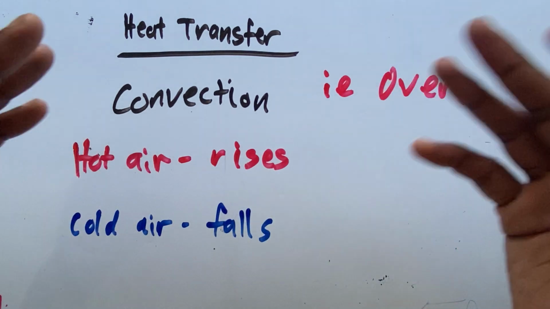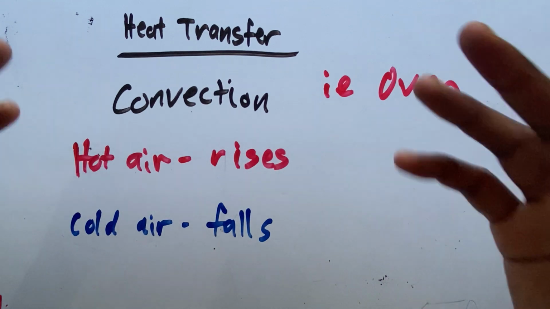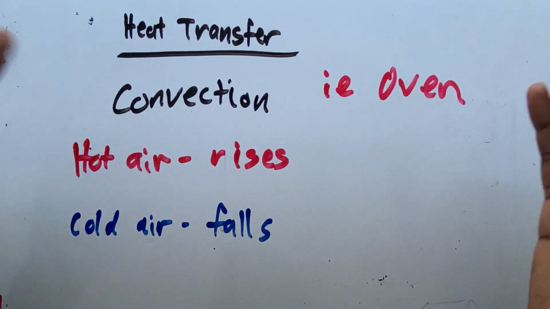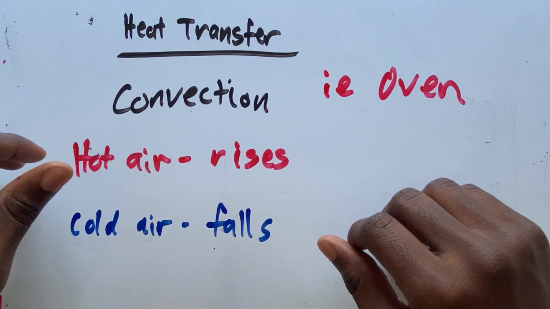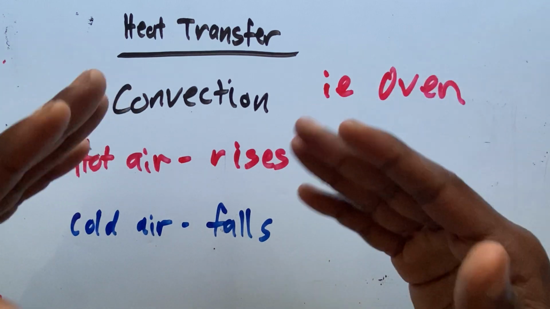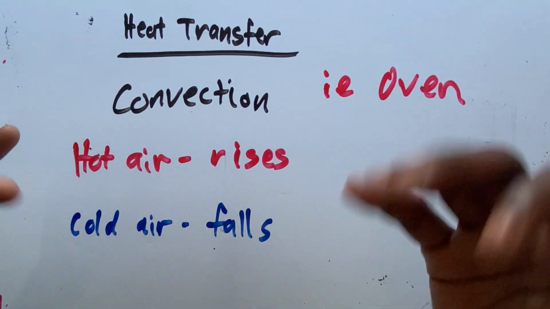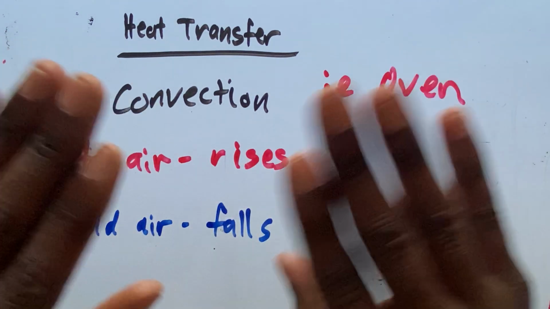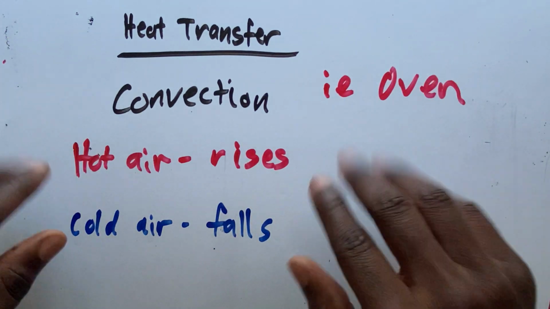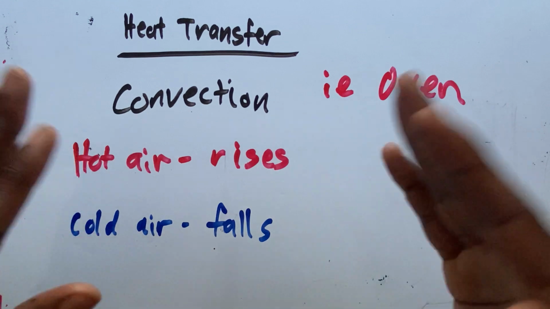All right, so if you have a house with an upstairs, and that same house also has a basement, if you go into that house, the upstairs is going to be a lot hotter than the basement, right? Because hot air is going to tend to rise towards the top level of the house, while the cold air is going to fall towards the bottom of the house or the basement.